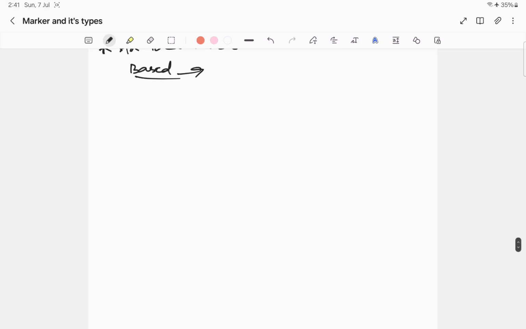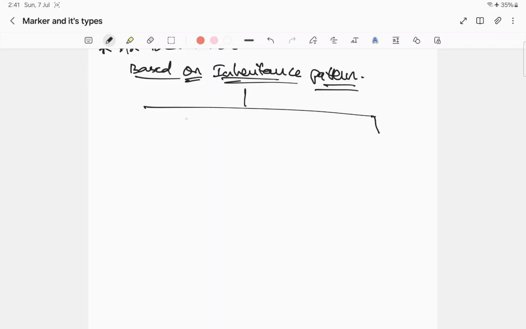First we will discuss based on inheritance pattern. Based on inheritance pattern, it's of two types: dominant marker and codominant marker.